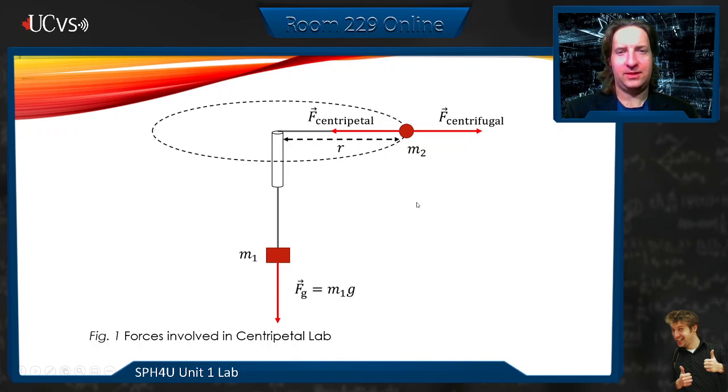Okay, they're all the same size. So we can say that the tension force, however I measure it, the number of washers multiplied by 0.01 kilograms multiplied by 9.81 newtons per kilogram will tell me the centripetal force that's acting on this ball.